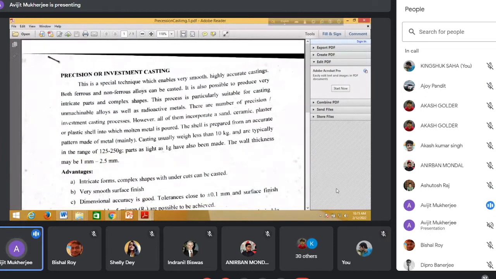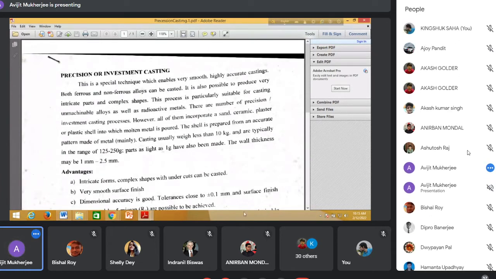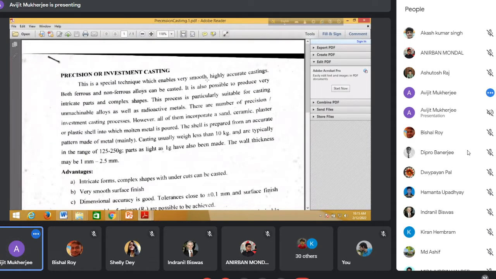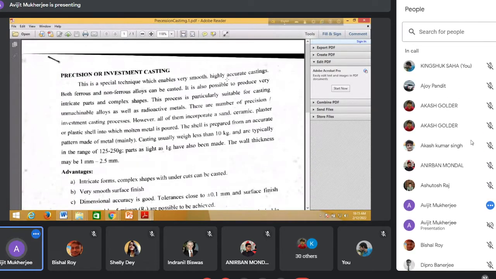Now precision is a special process to produce very smooth, highly accurate casting. That is, dimensional tolerances are to be very fine.